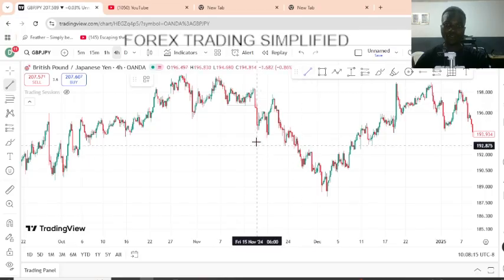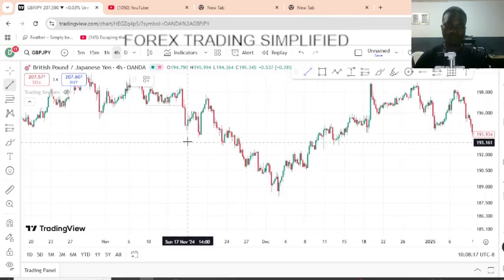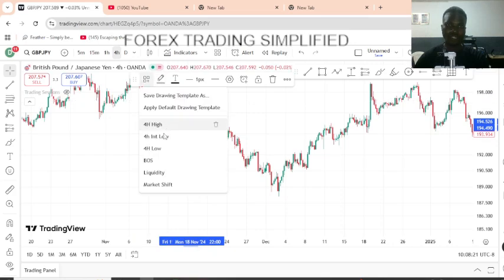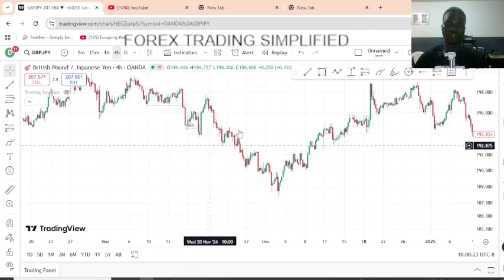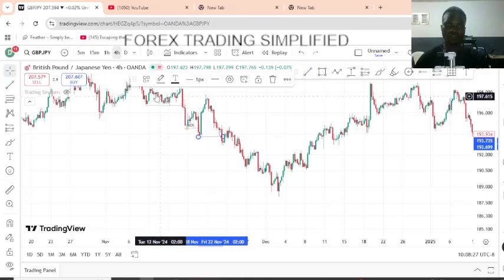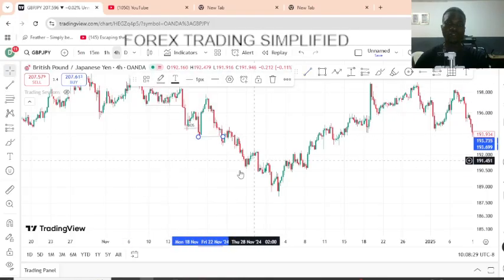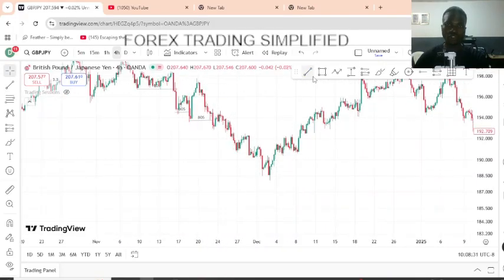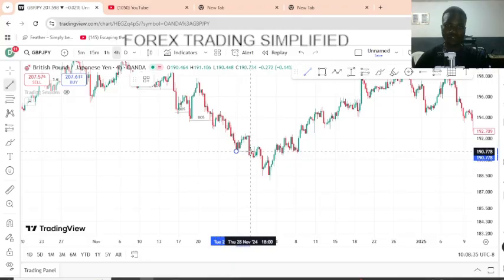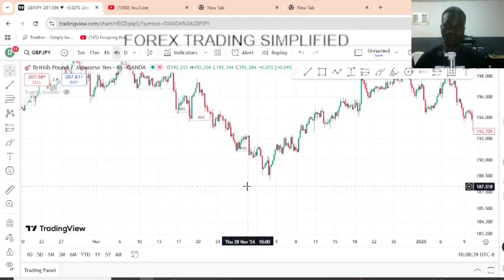Now we also have another small break of structure right here. Then we also have another break of structure here, and so on and so forth. You can see that we have another break of structure right here, and another right here.